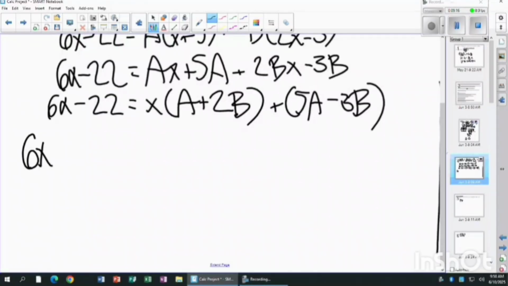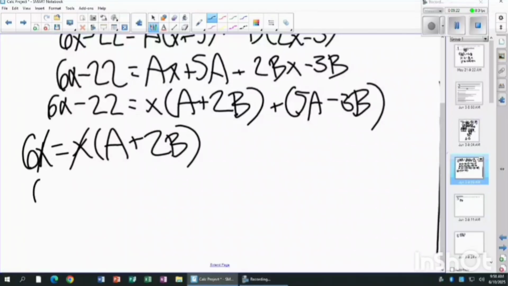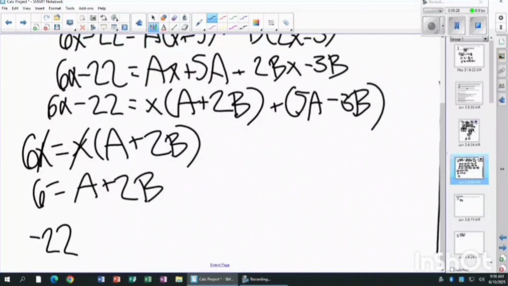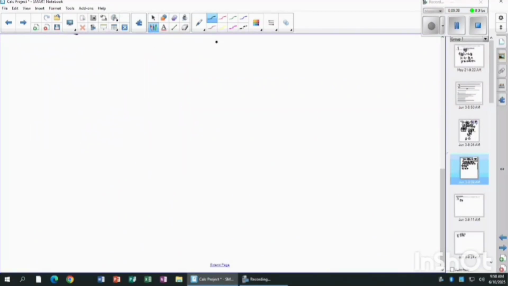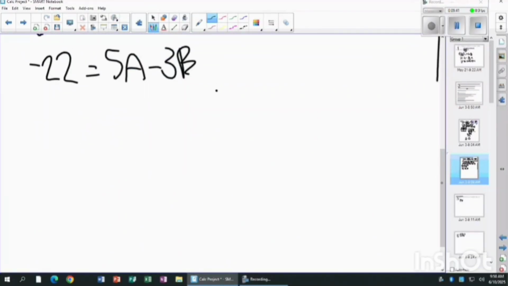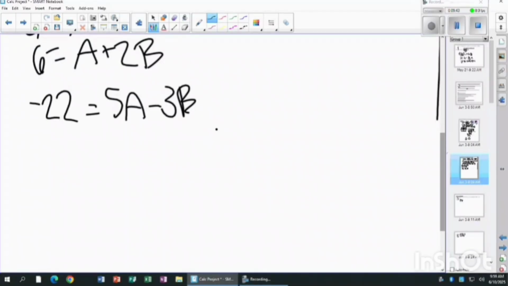So 6x equals x times a plus 2b. The x's would cancel. 6 equals a plus 2b. And then negative 22 equals 5a minus 3b. Okay. Sorry.